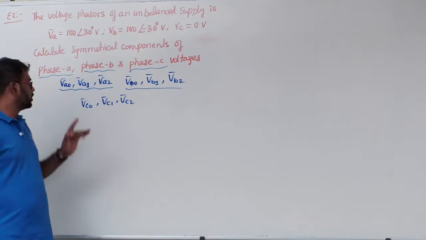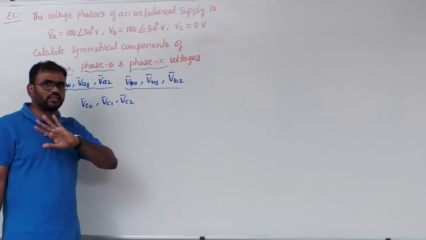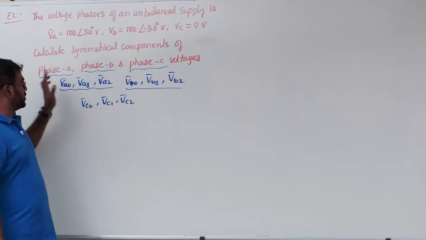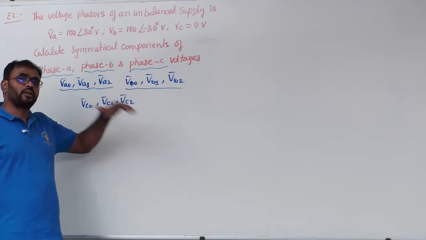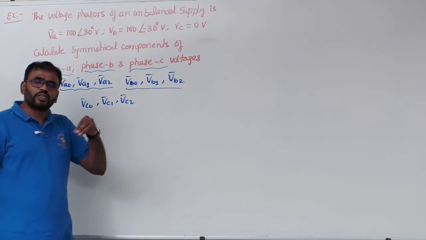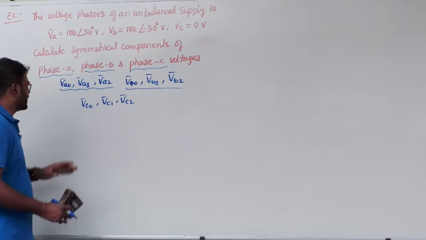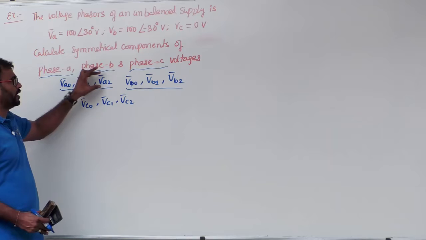Default is for A phase. So VA0, VA1, VA2 is enough. But if the question asks for the symmetrical components of phase B voltage or phase C voltage, you need to calculate specifically for that phase. But whatever may be the question, we can calculate directly for VA0, VA1 and VA2.